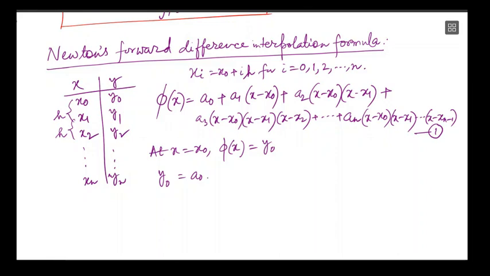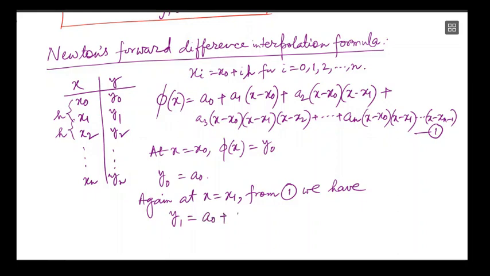Then at x equals x1 we have from 1: y1 equals a0 plus a1 times (x1 minus x0), and all other terms will vanish because in all other terms x minus x1 is a factor, so each term will be multiplied with 0.